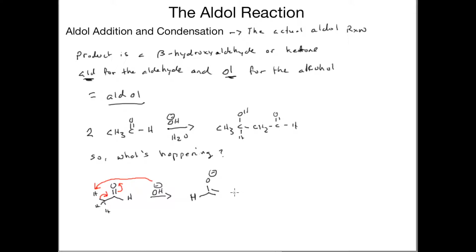I'm just going to flip it around here. And so you can see now we've got the enolate, and then we have another equivalent of the aldehyde that we had originally. And the enolate can kick back in and add to the carbonyl carbon, just like it adds to any other electrophile that we've seen in this series.